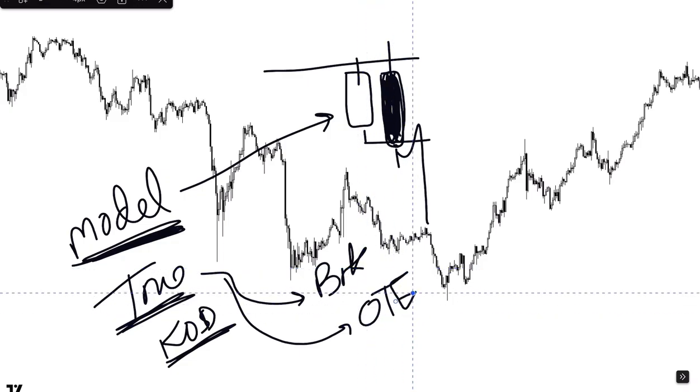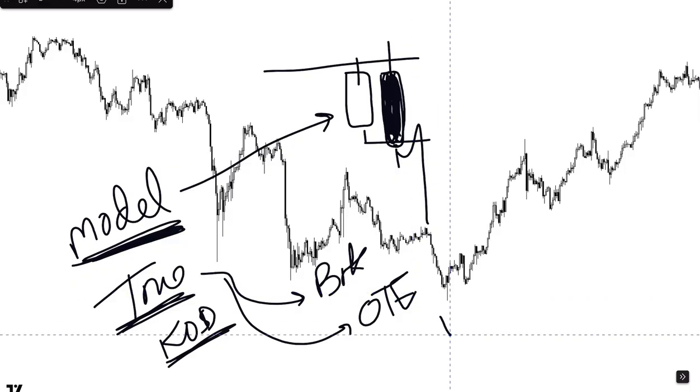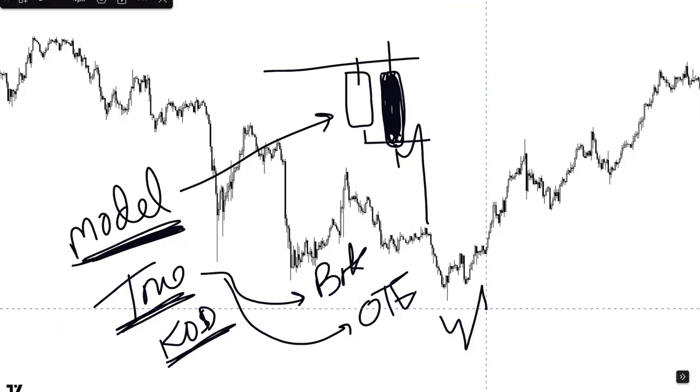The intensity of the OTE, the way the OTE happens, how hard it goes down, does it go down into the 50% or the 60% or the 70% or the 886%? Those are all nuances of the OTE, right? Because sometimes you have the OTE, it goes just a little bit once and then it goes and rallies up.